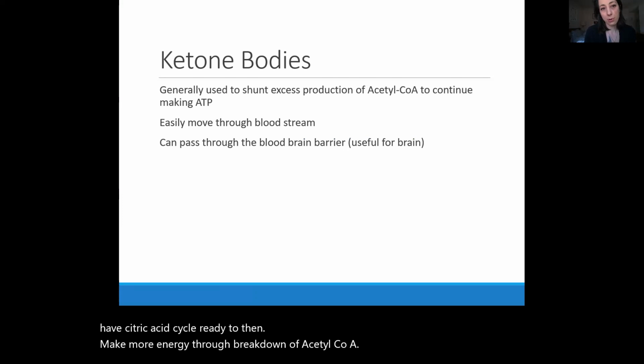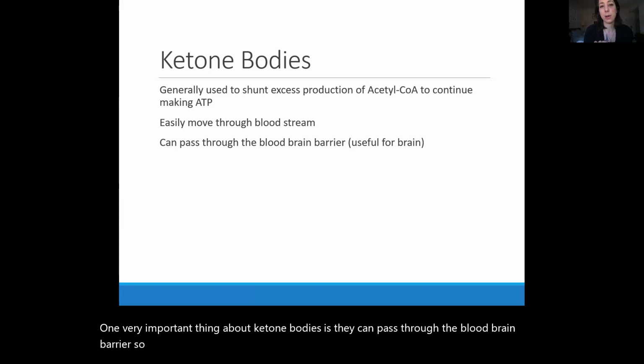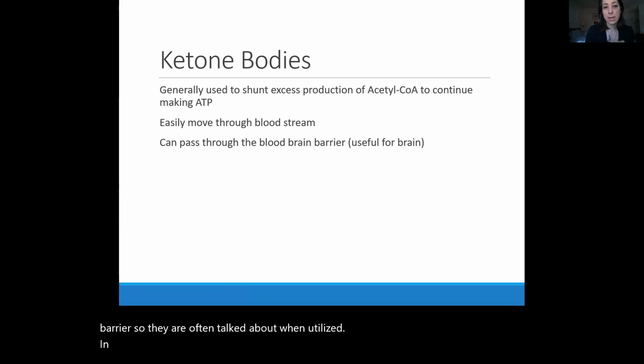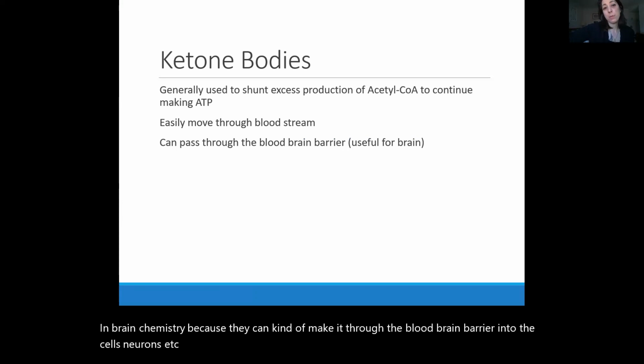One very important thing about ketone bodies is they can pass through the blood-brain barrier. So they are often talked about when utilized in brain chemistry because they can make it through the blood-brain barrier into the cells, neurons, glial cells, et cetera, to be used for energy breakdown in that system.